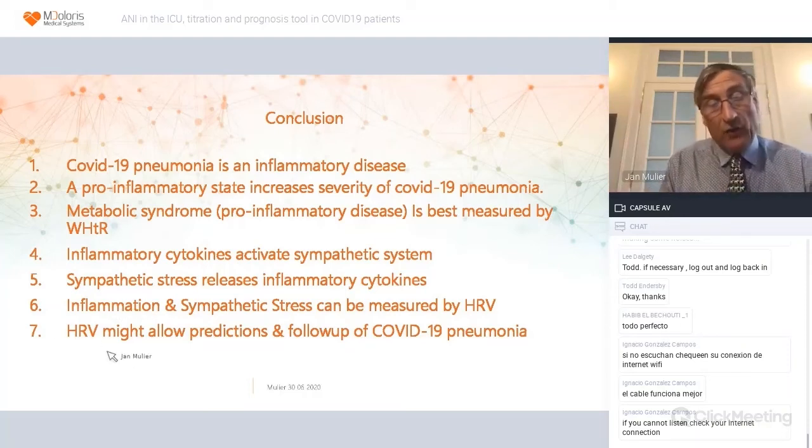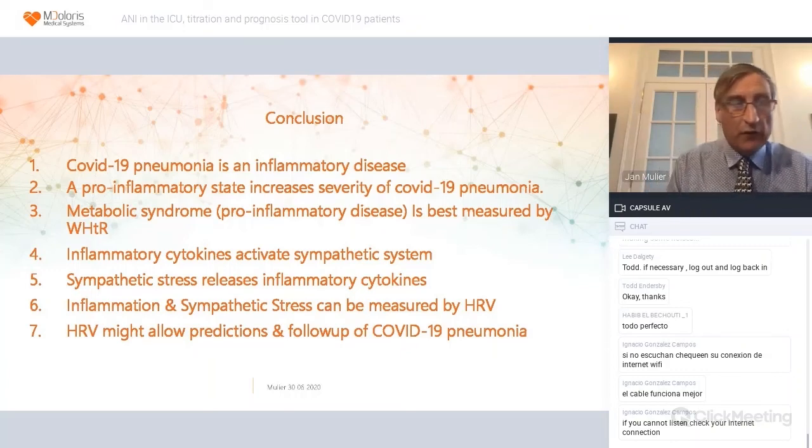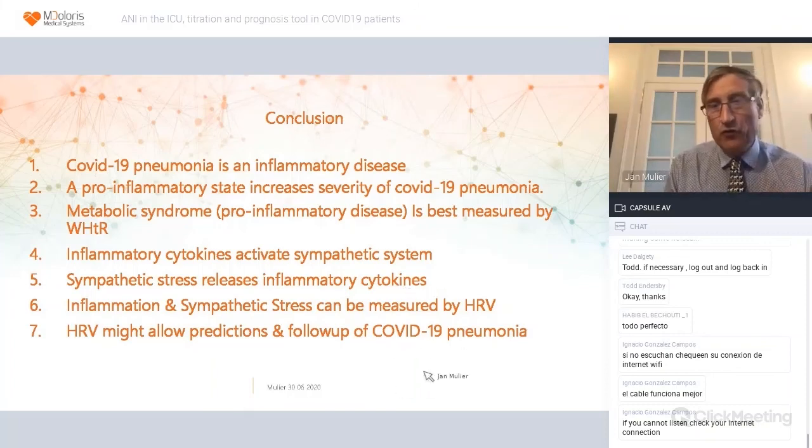In this way, heart rate variability might allow predictions on the severity of the inflammation, and hopefully also, if we are able to treat and to block inflammatory reactions, see that the inflammation is blocked, happily also reducing the incidence and severity of COVID-19 pneumonia, but there we need new studies for that.